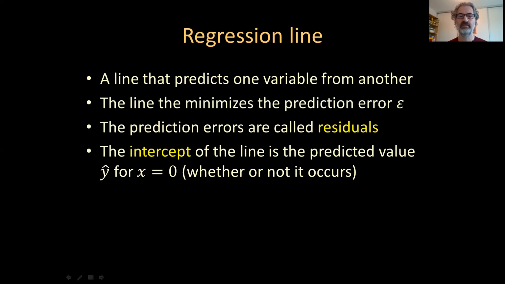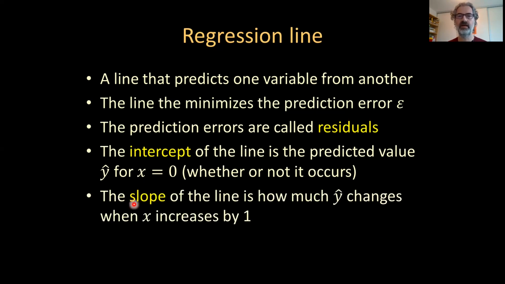The intercept of the line, one of the two numbers that define the line, is the predicted value of y for x equals 0. This is always what the intercept is, whether or not 0 is actually a plausible value for x. So in terms of the numbers, intercept is always the predicted y for x equals 0. And the slope of the line, the other number that defines it, is always how much y changes when x increases by 1.